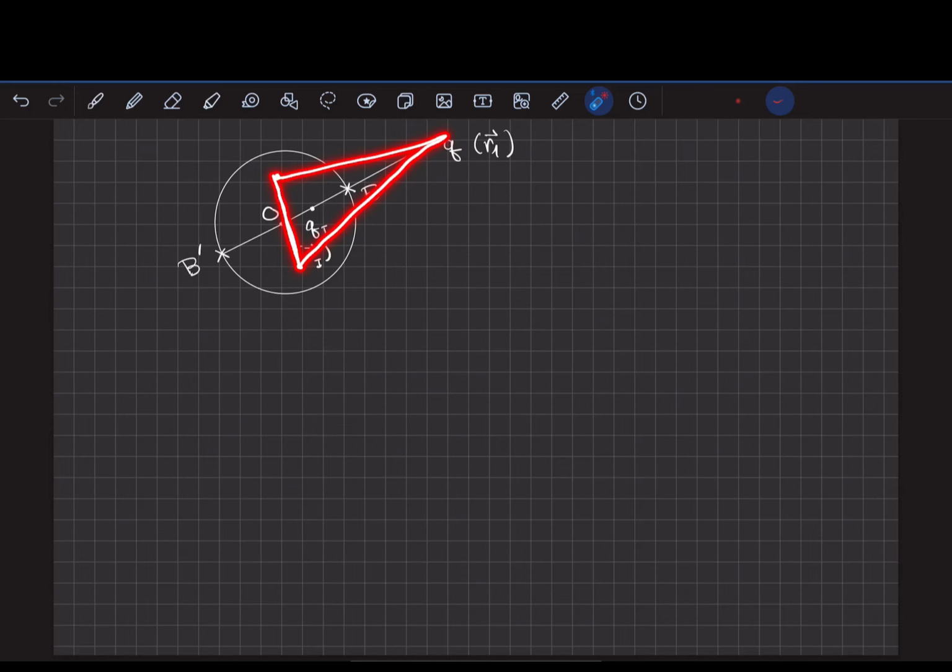However, because we have the uniqueness theorem, we cannot have two solutions to our problem, right? The potential at some point here will be different if we have the charge here or we have the charge here, right? So the only way we can resolve this and follow the uniqueness theorem is if we have our point charge lying somewhere on this line. So basically it has to be inside the sphere, it has to lie somewhere inside this.